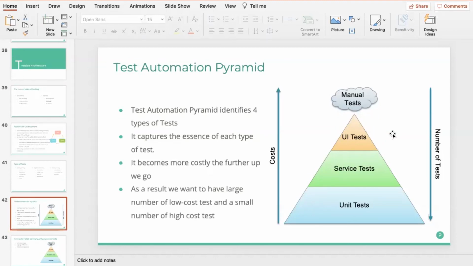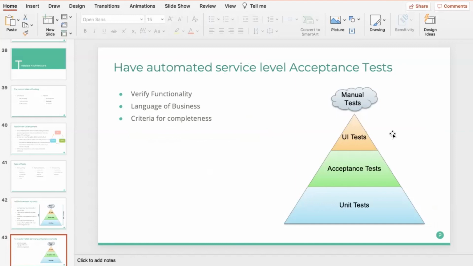But acceptance tests are generally done during a UAT phase, right? During a UAT phase, you actually test your business functionality, taking those use cases. So what I'm emphasizing here is that your tests should cover those business use cases.